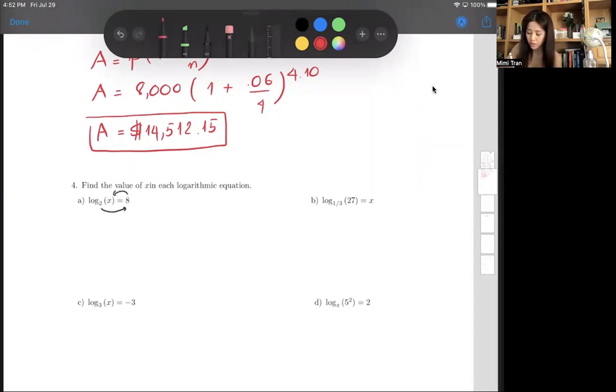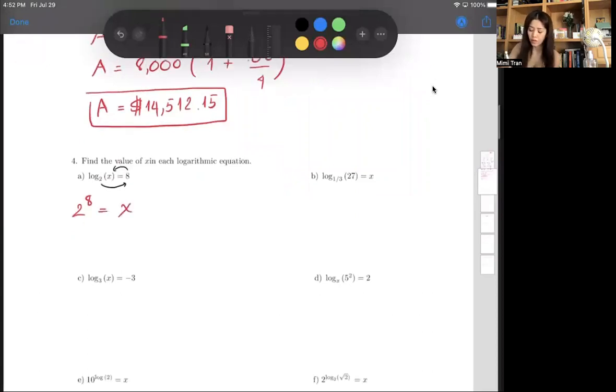So I have 2 to the 8, can't write the 8 correctly, equals x. Put it in your calculator, let's see what x equals. 2 to the 8 is 256.